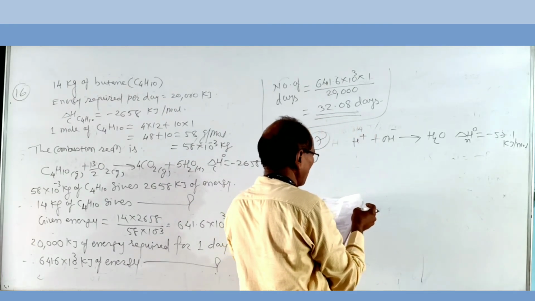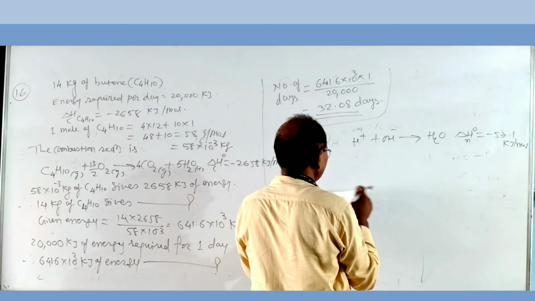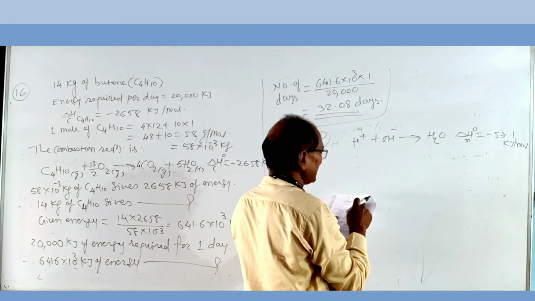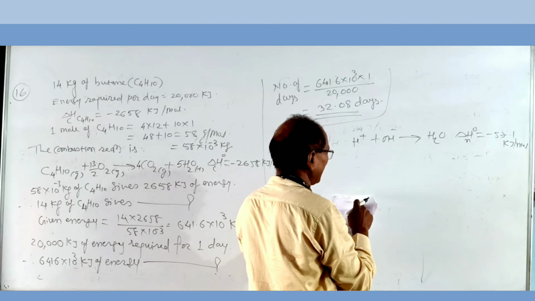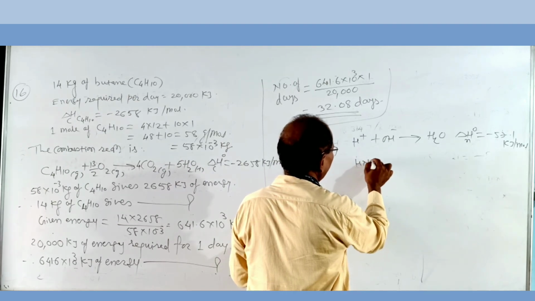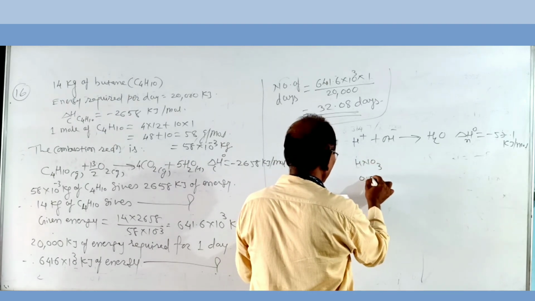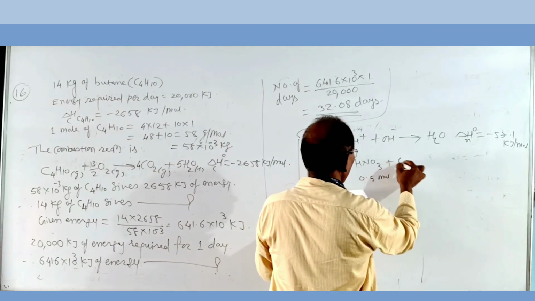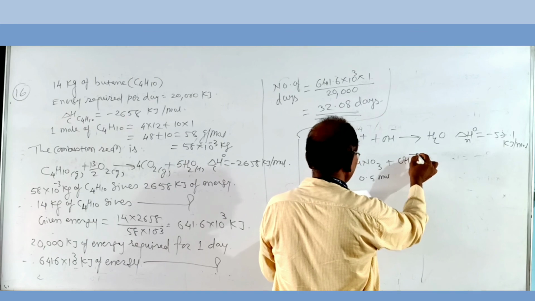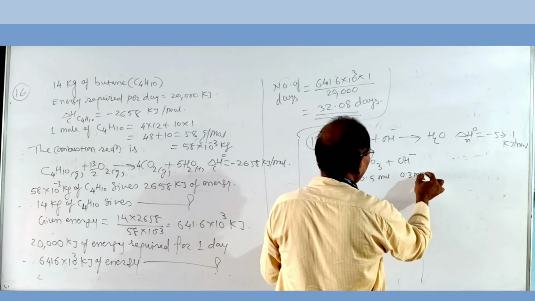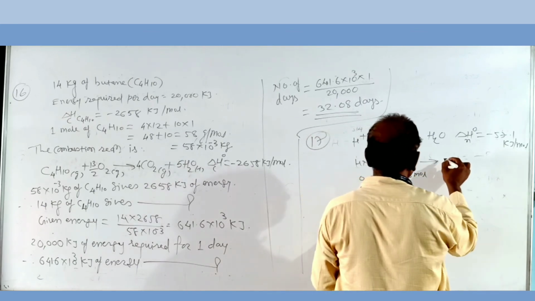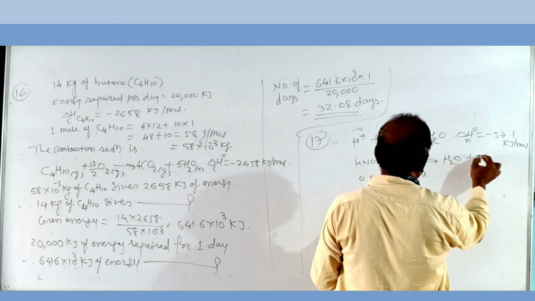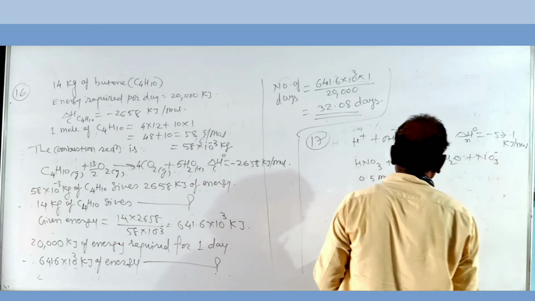But in this problem, what would be the heat released when an aqueous solution containing HNO3, 0.5 mole, plus OH minus, 0.3 mole, forms H2O plus NO3 minus?